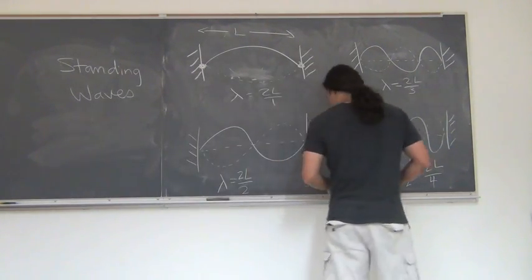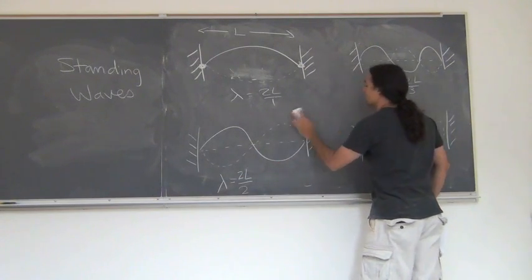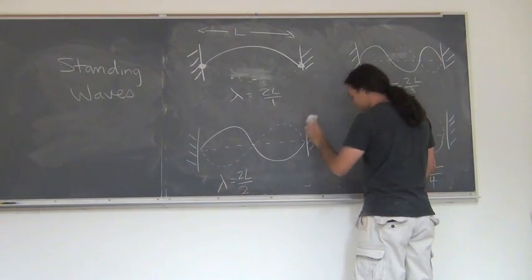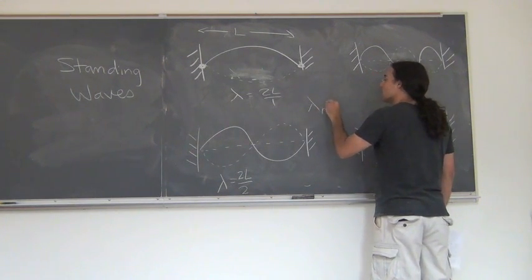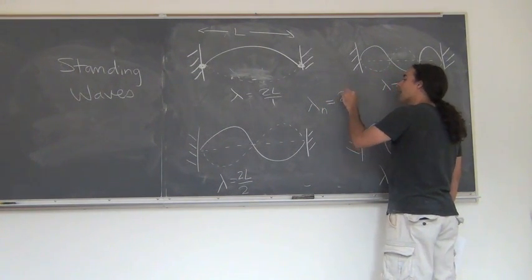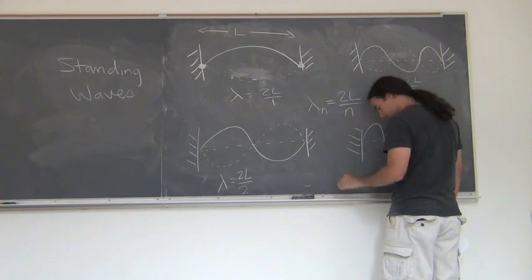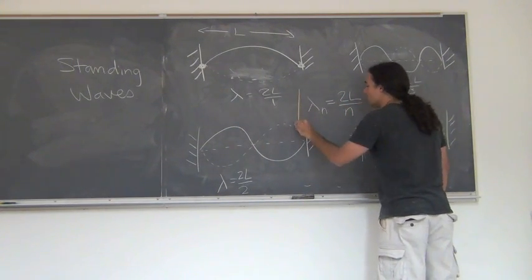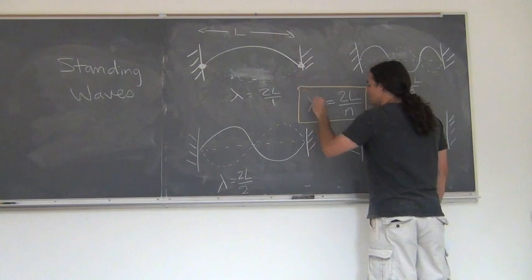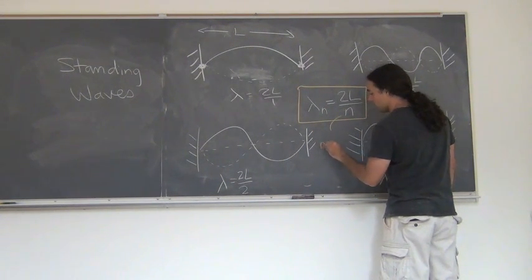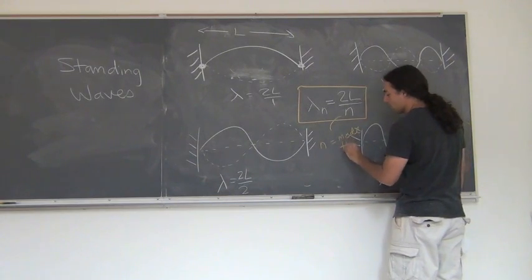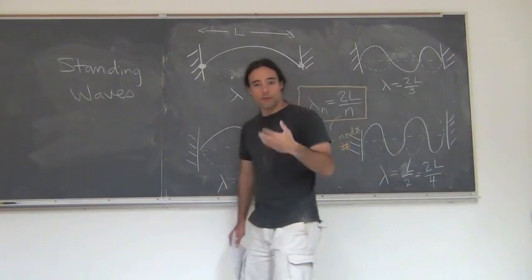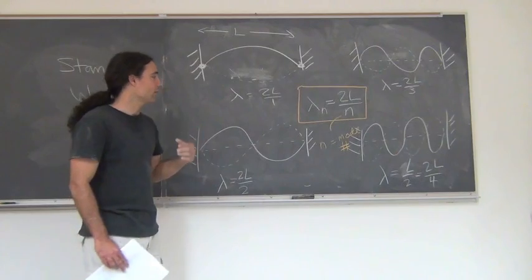We can write that in a very general formula where we say wavelength n is equal to 2L divided by n. Sometimes I will call that the mode number of the wave. So we can talk about the first mode, the second mode, third mode, etc.